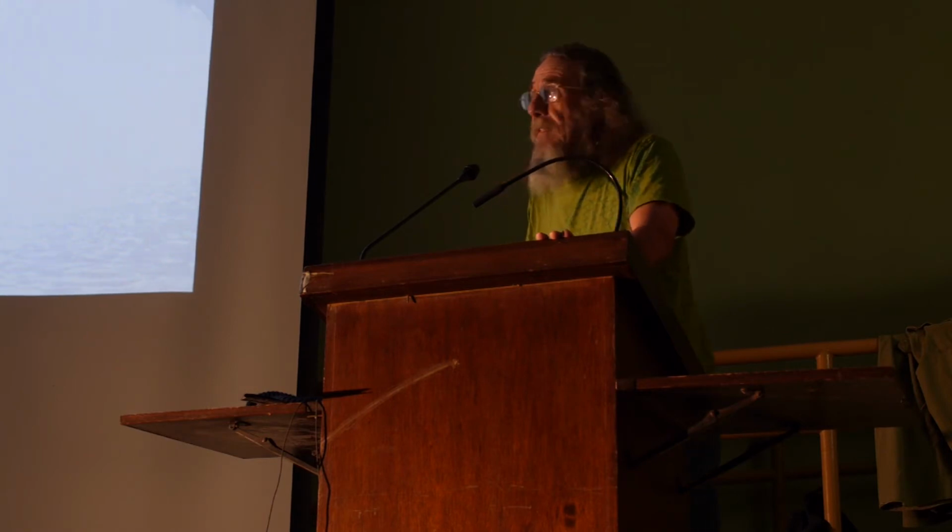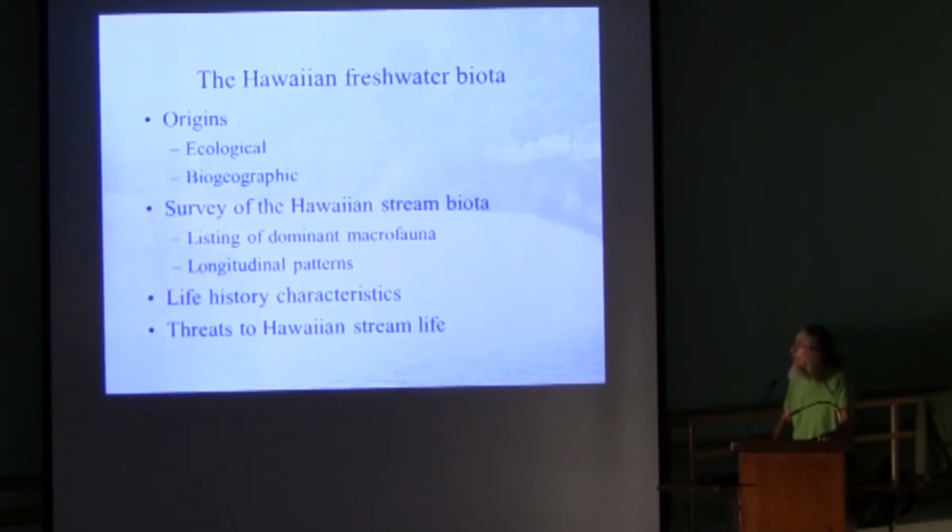How did these things, where did they come from? What's their biogeographic province? How did they get here? What was the means that they got here? And once they got here, what did they do? So questions of speciation, adaptation, all the kind of stuff that you've been hearing lots and lots about.